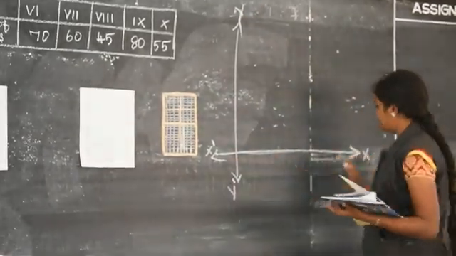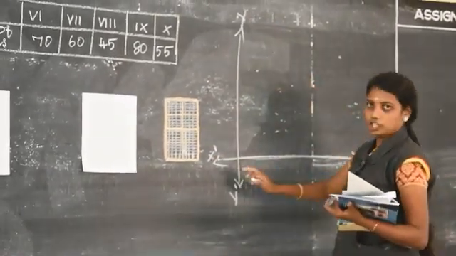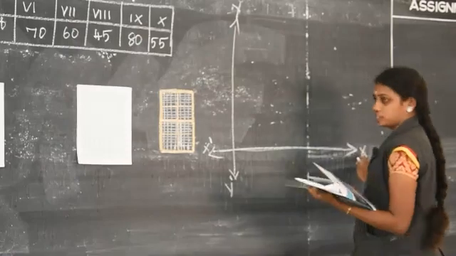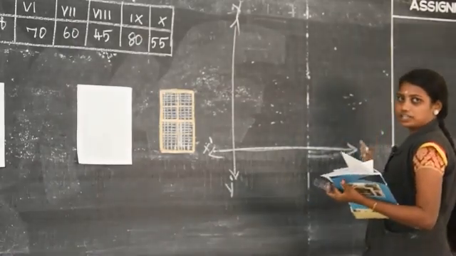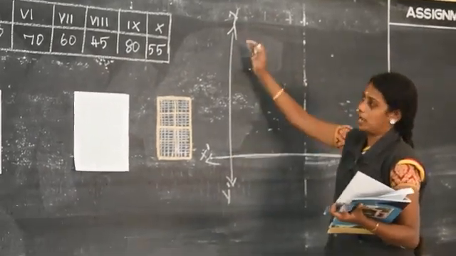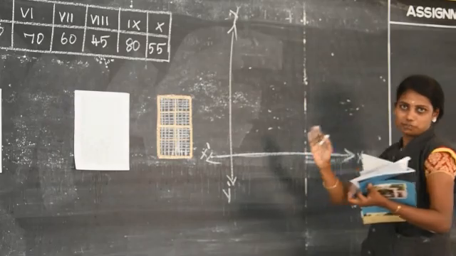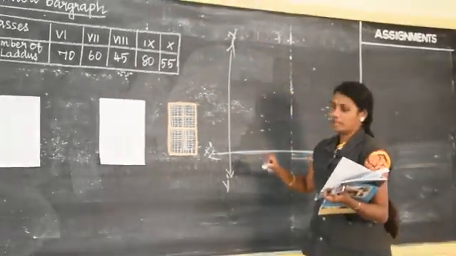Horizontal line x dash, vertical line y dash. Don't change it. You should be very careful. Right side first, then up first. Up and down, which is better? Up. Right and left, which is better? Right side. So x dash, y dash.